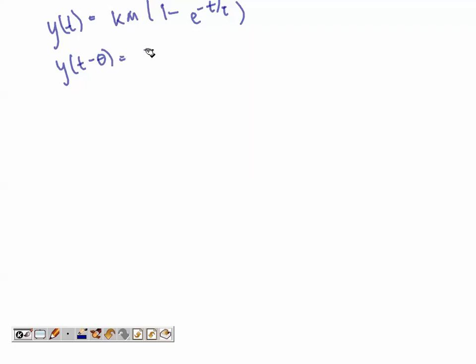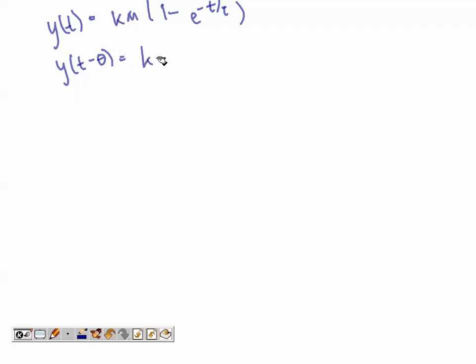Okay, so if we have y(t) from the step response of a first order process, for example Km(1 minus e^(-t/tau)), then y(t minus theta) means the step response of first order with the time delay theta.